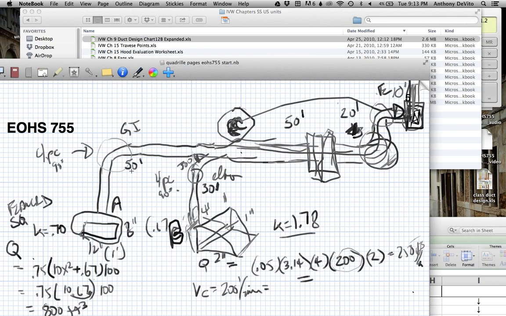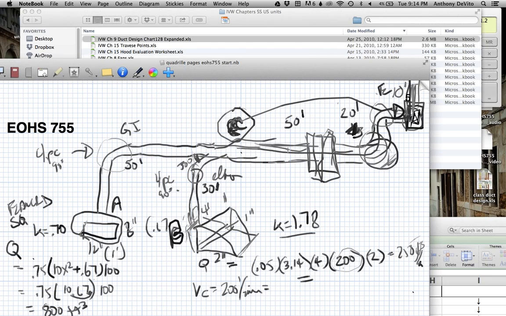We don't need any dampers in this because of the way we chose the duct sizes based on the spreadsheet and the way we're going to achieve the flow rates we want and the velocities we want through all of this duct work and the capture velocities at the distances we want it from the hood. All that's going to be achieved by the way we chose these various duct sizes and these junctions.